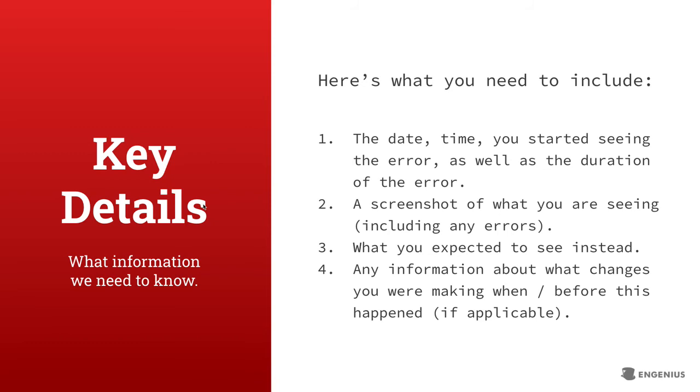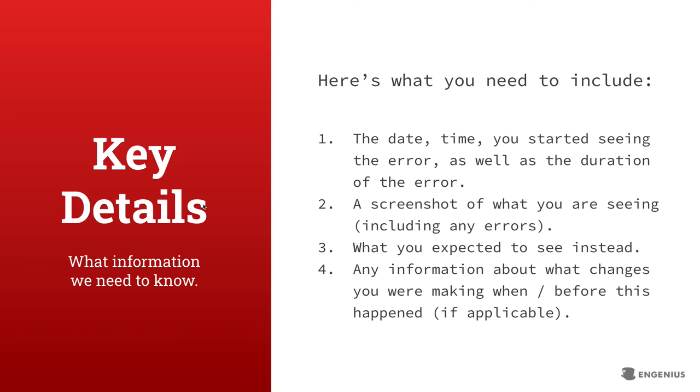Number four, any information about what changes you were making when or before this happened. So this is, if applicable, not totally necessary across the board, but say you are making a change on the website and then this happens. That would be pertinent to know.